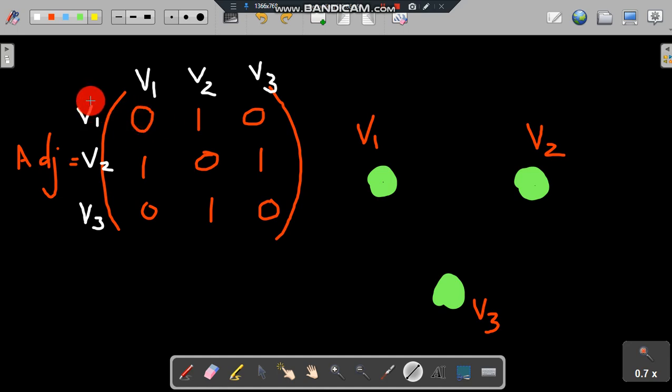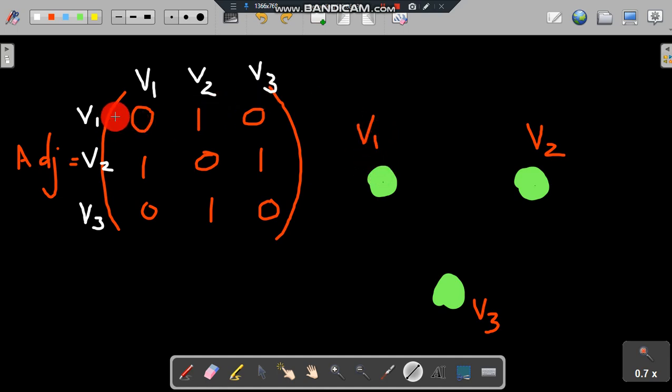That means this vertex V1 and this vertex V1 are not adjacent to one another. They are not very near to one another. I mean there is no edge between V1 and V1. That's why we have 0 here. So we cannot draw an edge between V1 and itself.